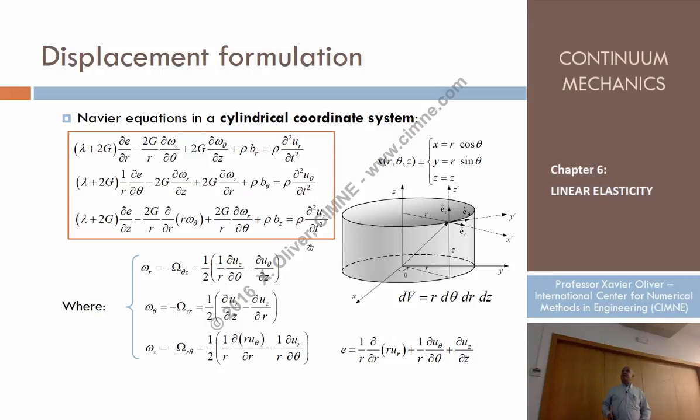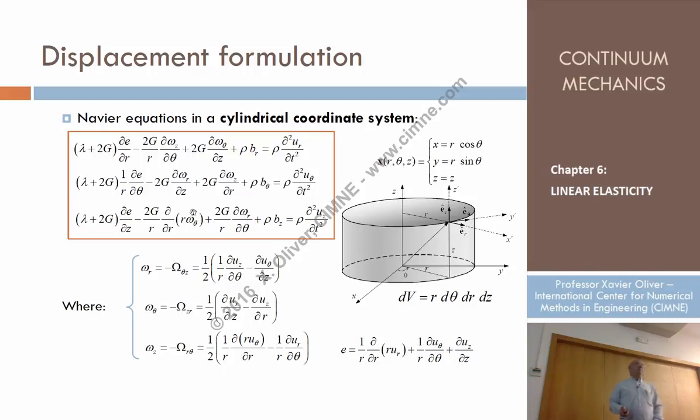So in terms of that, the unknowns are the displacements: the displacement ur, so the displacement in the radial direction, the displacement u theta, the displacement in the circumferential direction, and the displacement uz, which is the displacement in the vertical dimension.